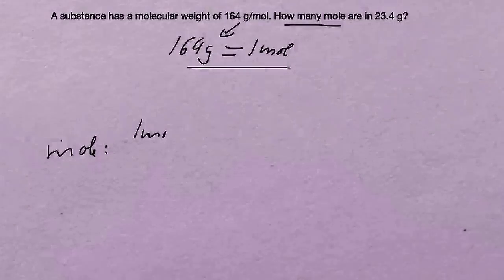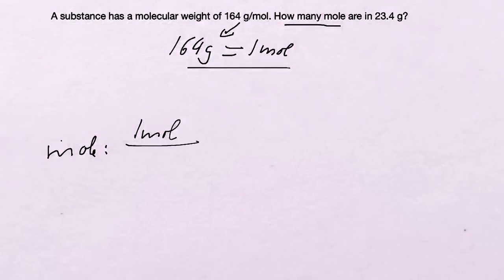And now we can use this. Do we have anywhere the unit mole, which we want here? Yes, we have that in here. So we can write this as 1 mole makes up 164 grams. So we've got the mole here in the right place. The only troublesome thing is the gram here, and in order to get rid of the gram, we write it in such a way that the grams cancel out.